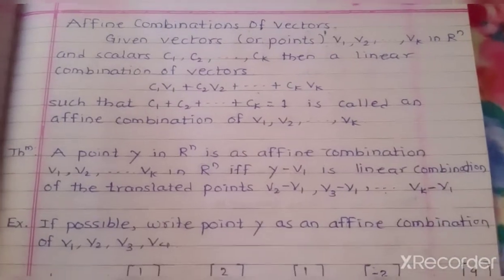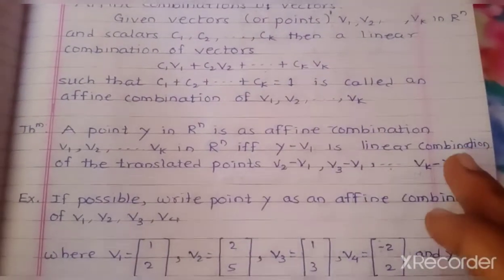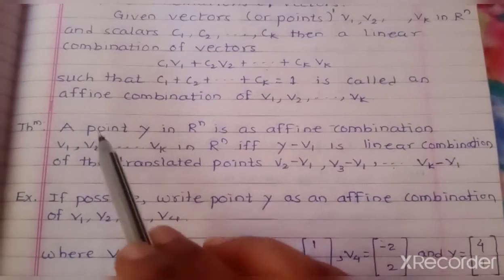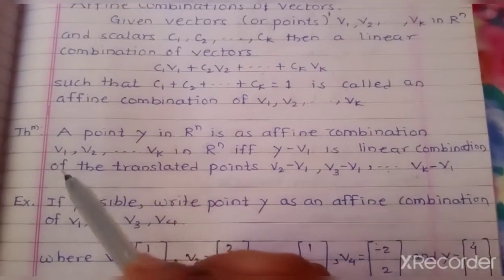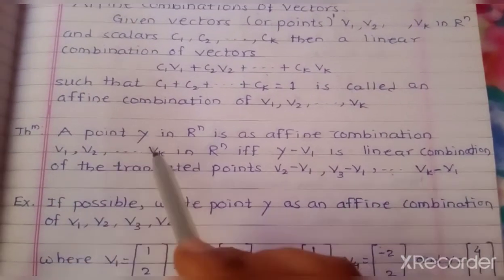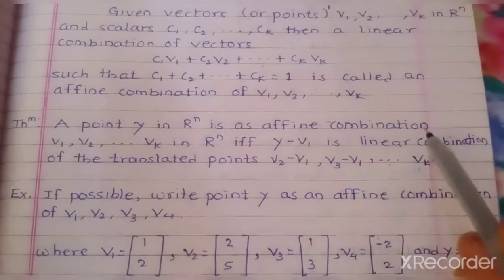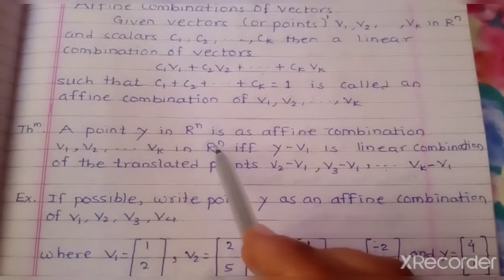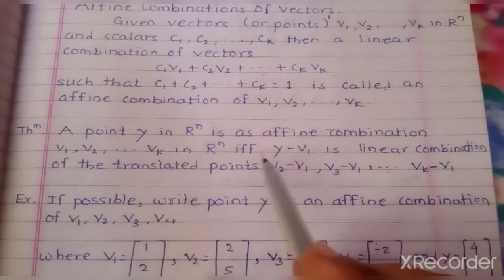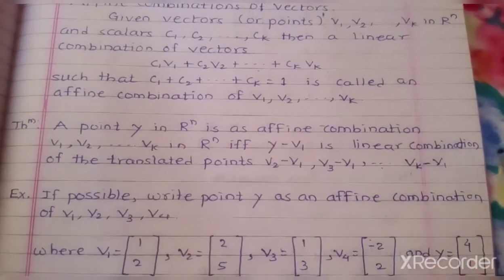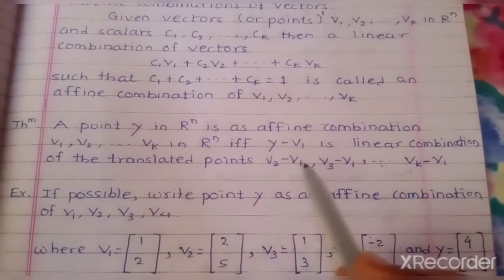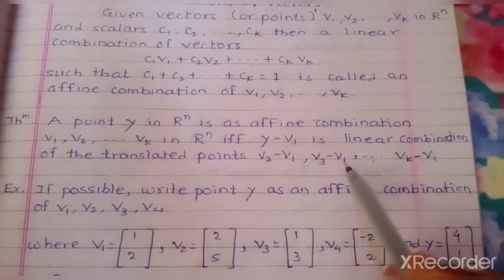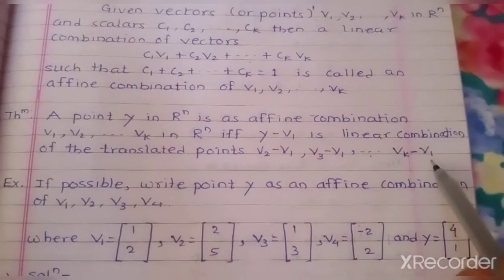So here we are given one theorem related to this concept. In this theorem, a point y in R^n is an affine combination of v1, v2, ..., vk in R^n if and only if y minus v1 is a linear combination of the translated points v2 minus v1, v3 minus v1, ..., vk minus v1.